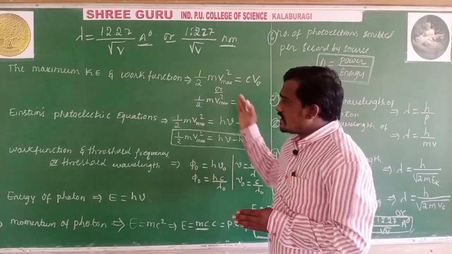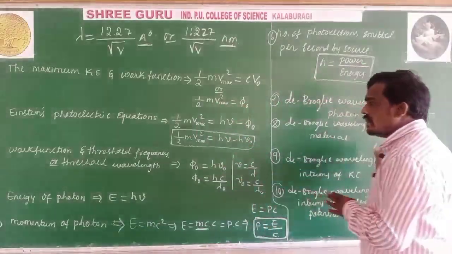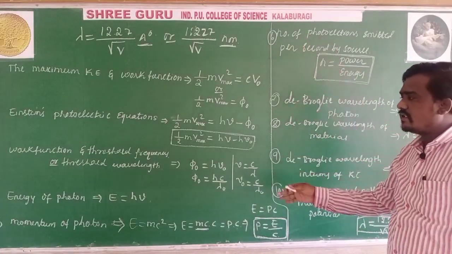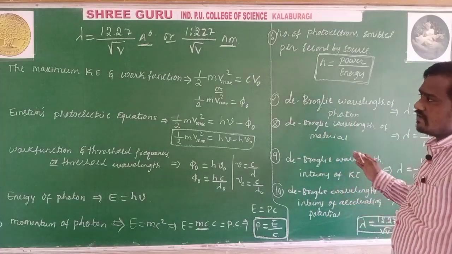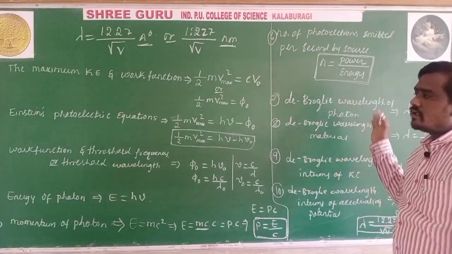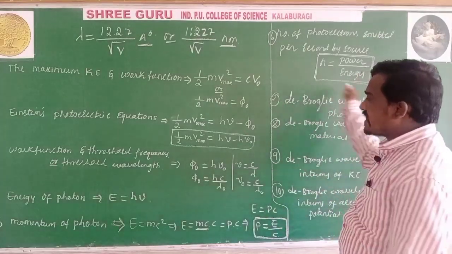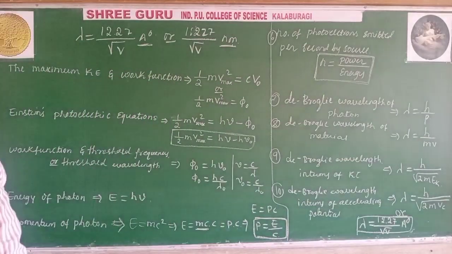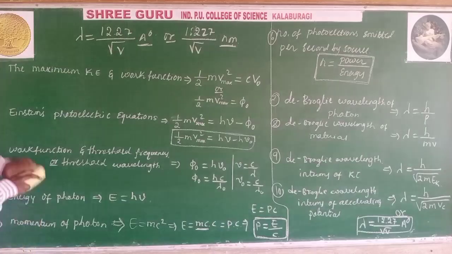That's why once again I mention the expressions in a single slot. Keep them in your mind and go through the numericals, otherwise it is difficult to solve them. Okay, let us solve the first numerical on this dual nature of matter and radiation.